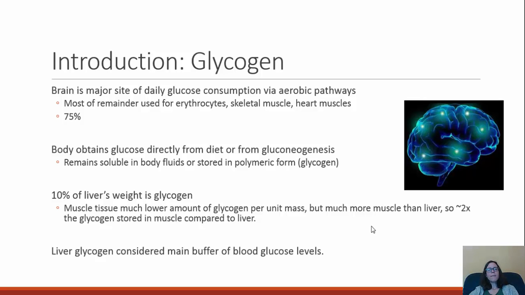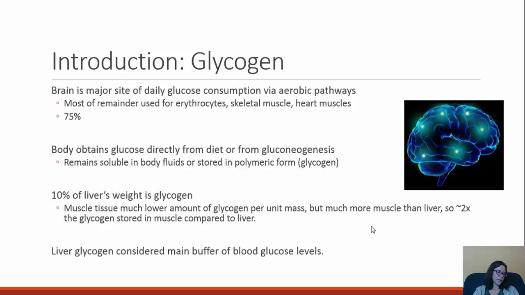Okay, so our major site of daily glucose consumption via aerobic pathways is the brain. Out of the average 160 grams of glucose that we consume in a day, 120 grams, or 75%, is used for brain function. And most of the remainder is used for our red blood cells, skeletal muscle, and heart muscles.